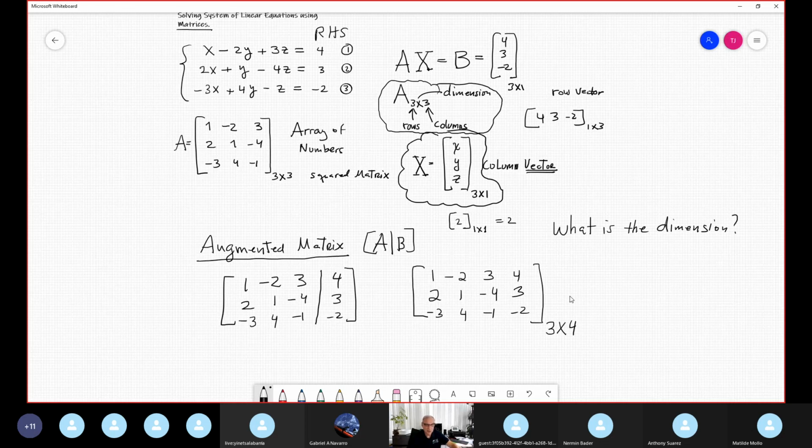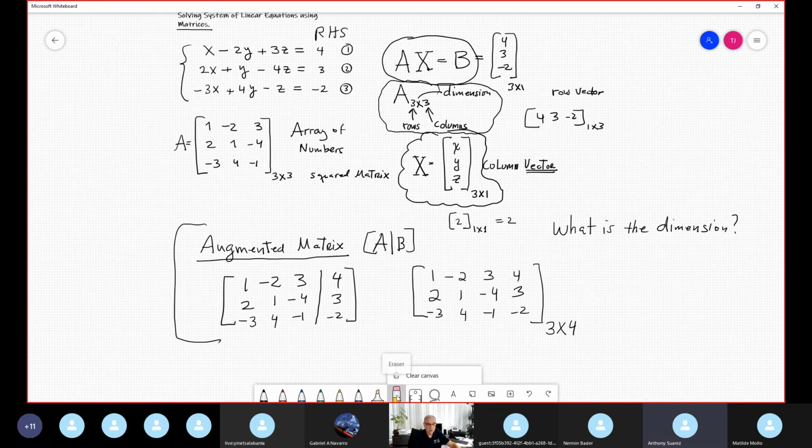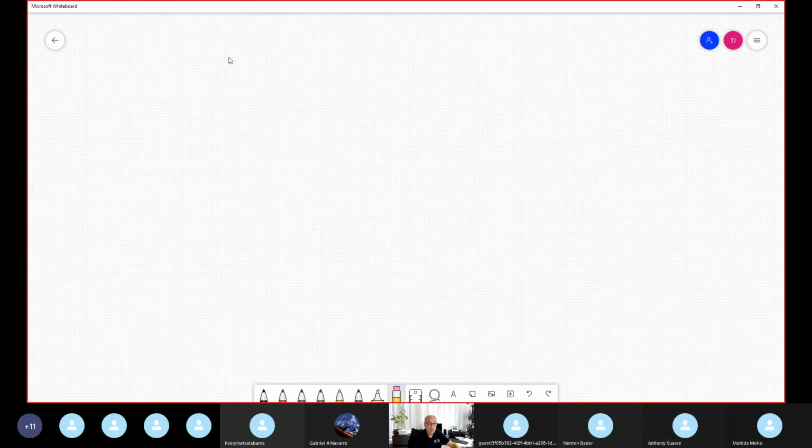I cannot explain it clearly now. In this case the formula is this, but I need to explain multiplication of matrices after. So forget about that for a moment. Focus on that part, please. Do you understand 3 by 4? Yes or no? Yes. Okay.